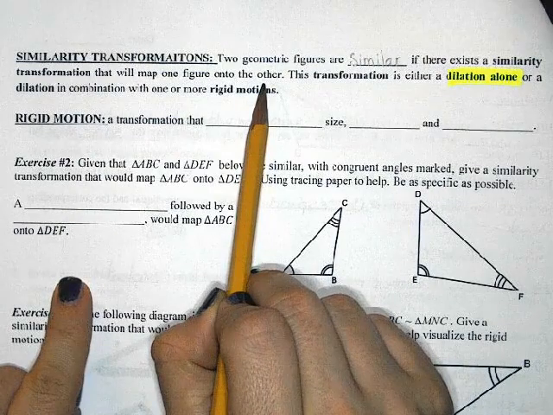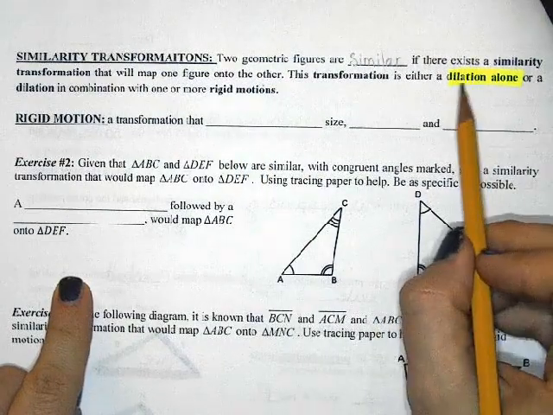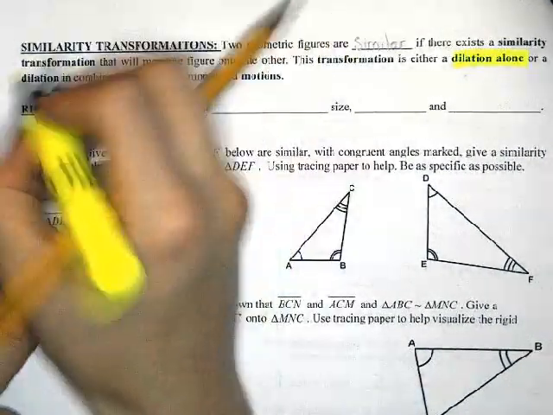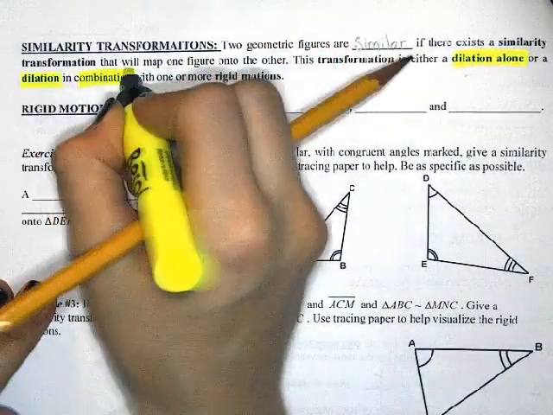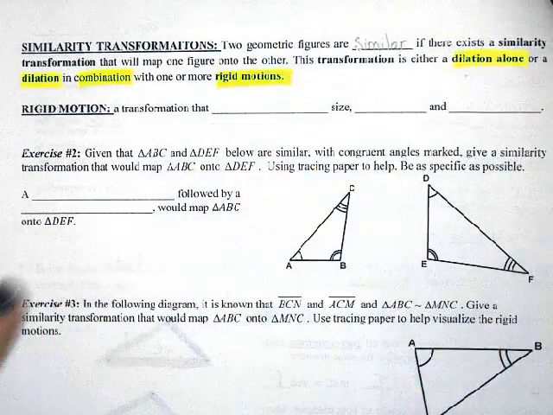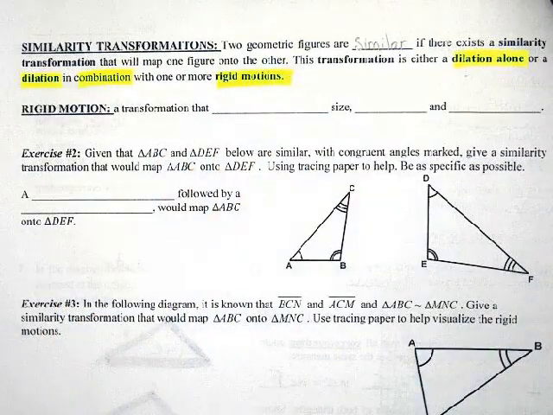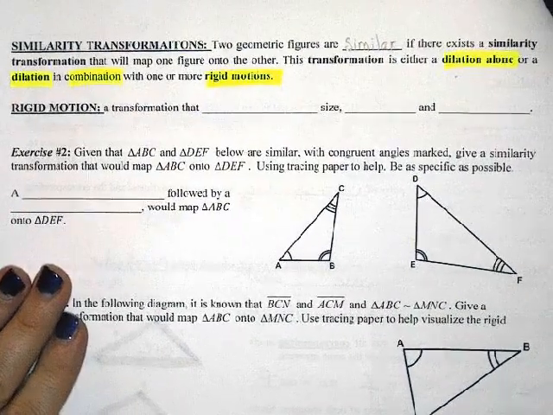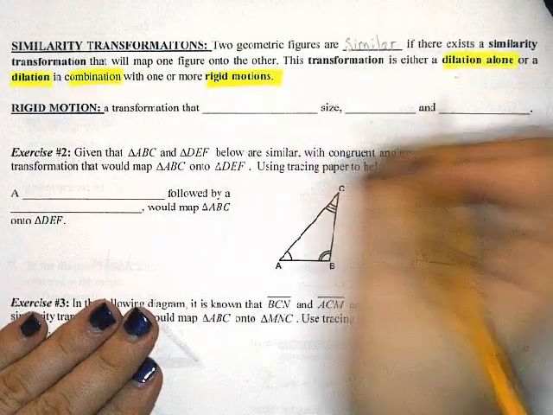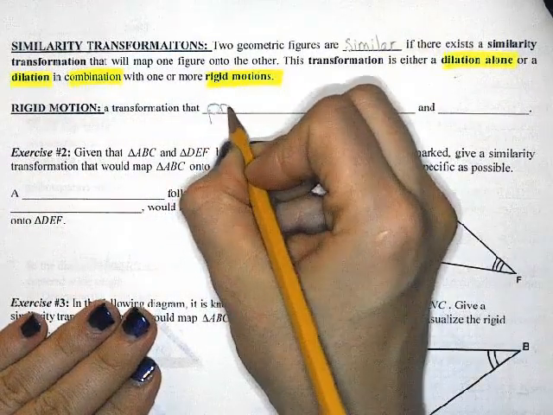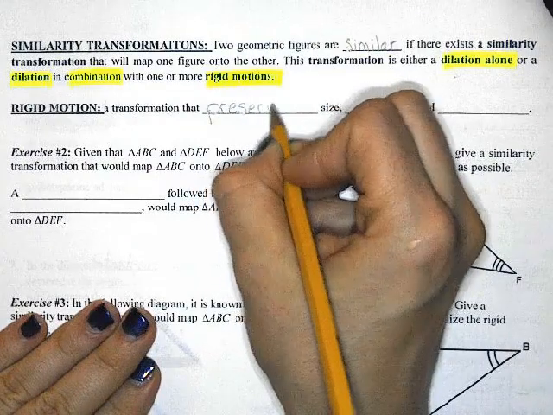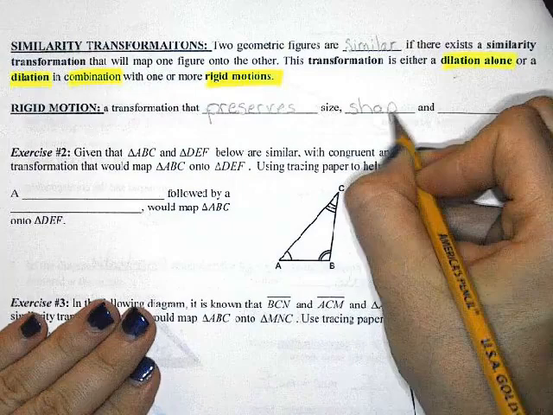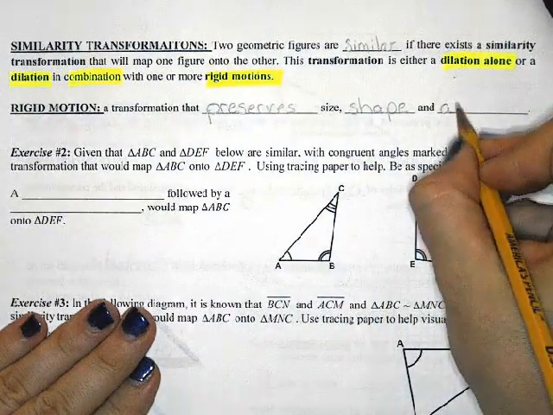Okay. This transformation is either only a dilation, meaning we're making the image bigger or smaller, or it's a dilation combined with a rigid motion. Okay, we've talked about rigid motions in Unit 2 and the later part of Unit 5. A rigid motion is a transformation that preserves, now remember preserves means to keep, size, shape, and angles.